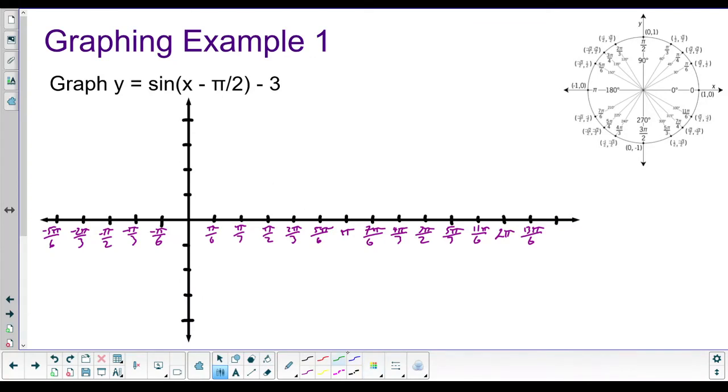All right, so we are going to go ahead and graph sine of x minus pi over 2 minus 3. So this thing is going to shift our graph right pi over 2. And then this thing is going to shift our graph down 3.